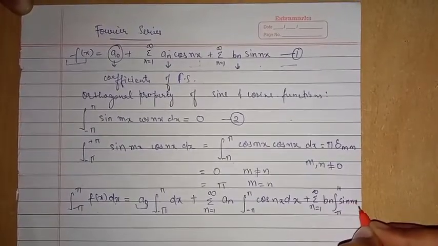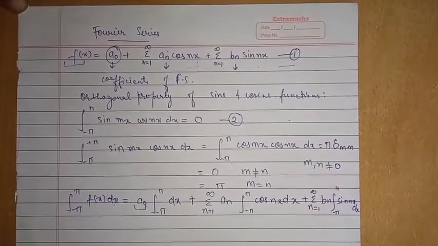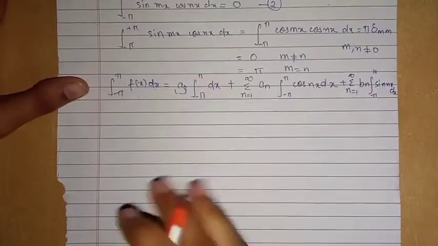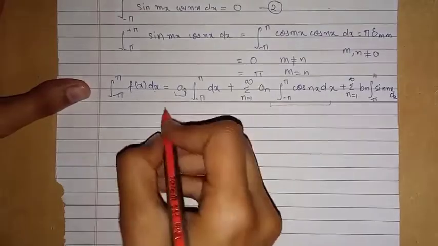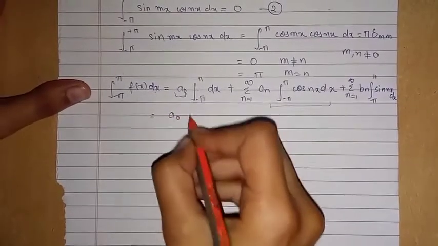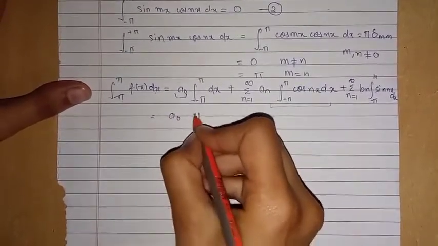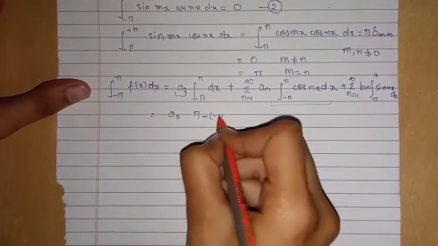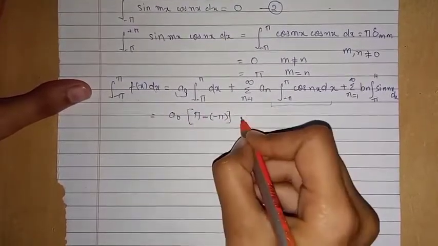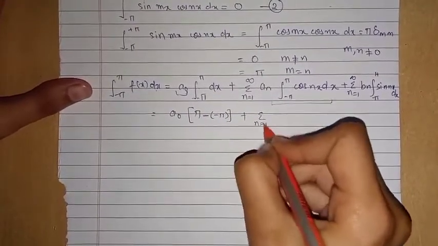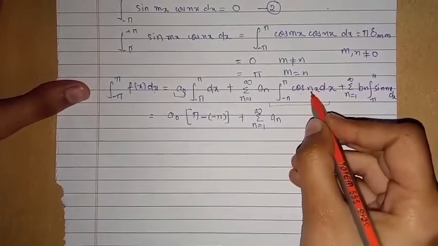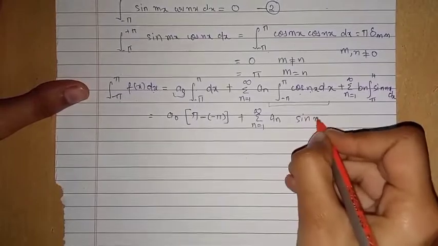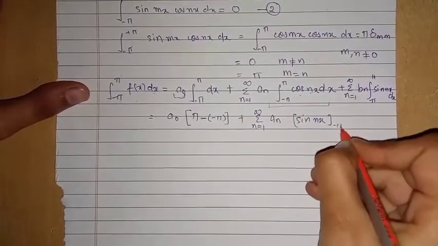of sin nx dx. Now, since all other integrals vanish, like cos nx, if we solve it, we will get a0 times pi minus minus pi, plus summation n equal to 1 to infinity an. Now if we integrate cos nx, we will get sin nx from minus pi to pi.